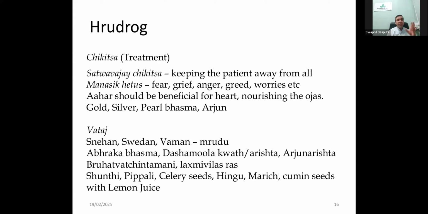Shunthi is ginger, so ginger powder basically. Pippali, long pepper, celery seeds. Hingu is asafoetida. Maricha is pepper, and cumin seeds with lemon juice. So these herbs and spices, with lemon juice, will help in settling down or pacifying Vata dosha.